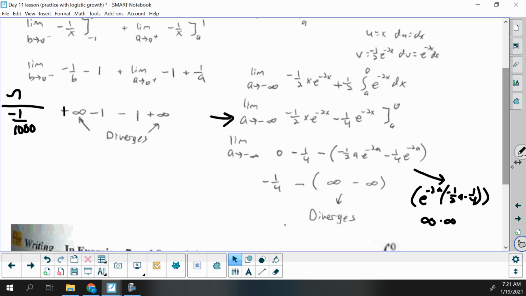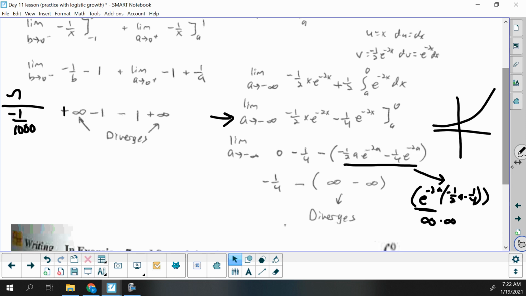Well, this part here, they each have an e to the -2a. So if you put in negative infinity to the e to the -2a part, so right here, that's going to give you e to the infinity. And you want to make sure you know what the graph of e to the x looks like. As x goes to infinity, that's getting huge.